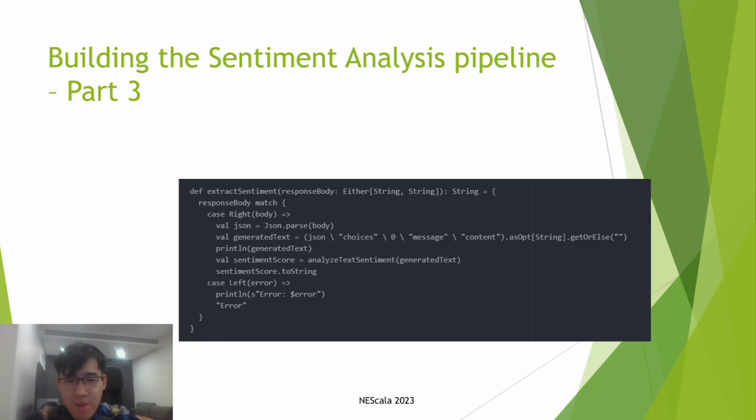So what we want to do here is pick the best predicted choice from here, and we just print the generated text and have the appropriate analyzing of the text being done here.